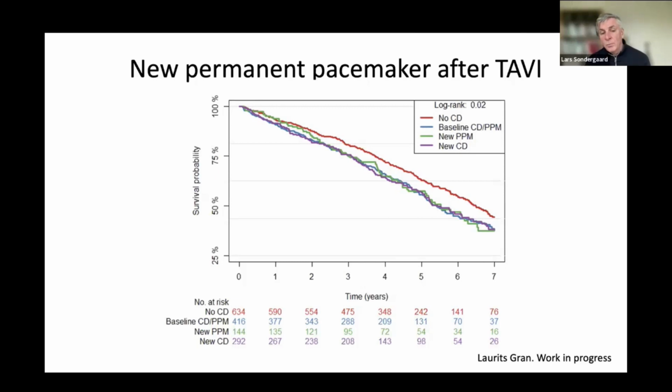So again, one study highlighting that new onset conduction abnormality or pre-existing conduction abnormality seems to have an effect. So I think this is also something we need to take into consideration. We need to try to avoid permanent pacemaker afterwards or new left bundle branch block.